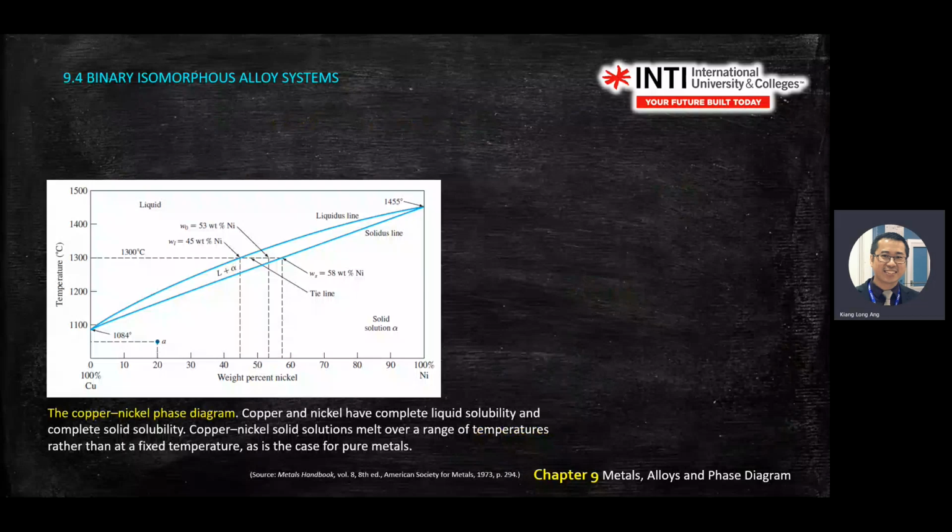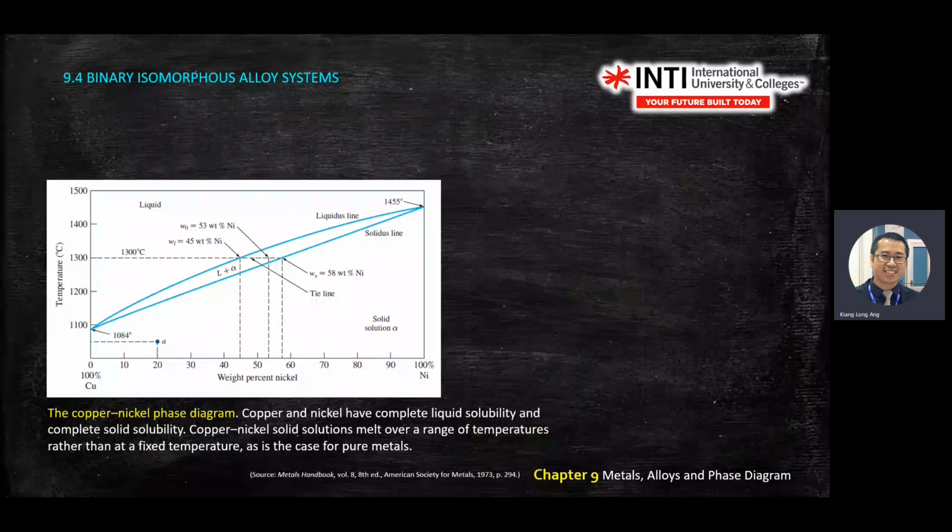Past this line, you get liquid plus alpha, meaning nickel phases in alpha. After this line, called the solidus line, it becomes solid, solid solution alpha. So it's very direct, right? All the information there is very direct.